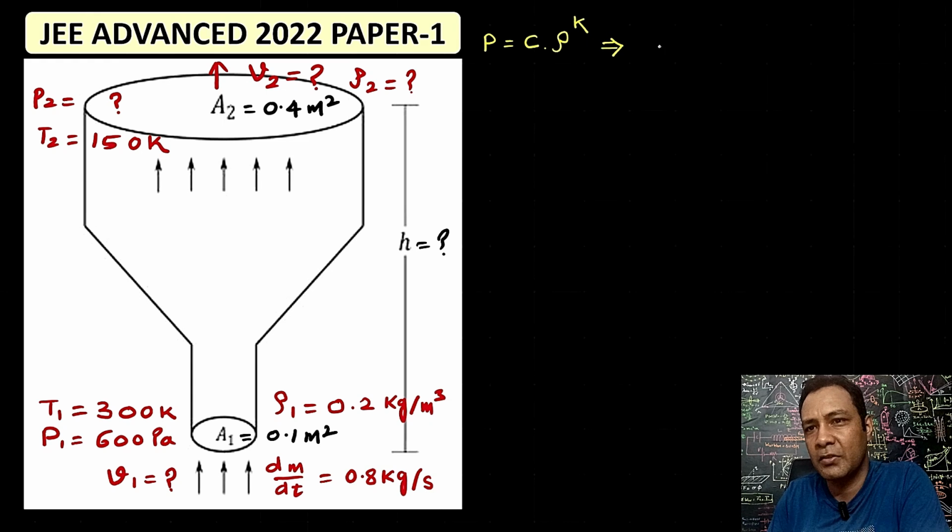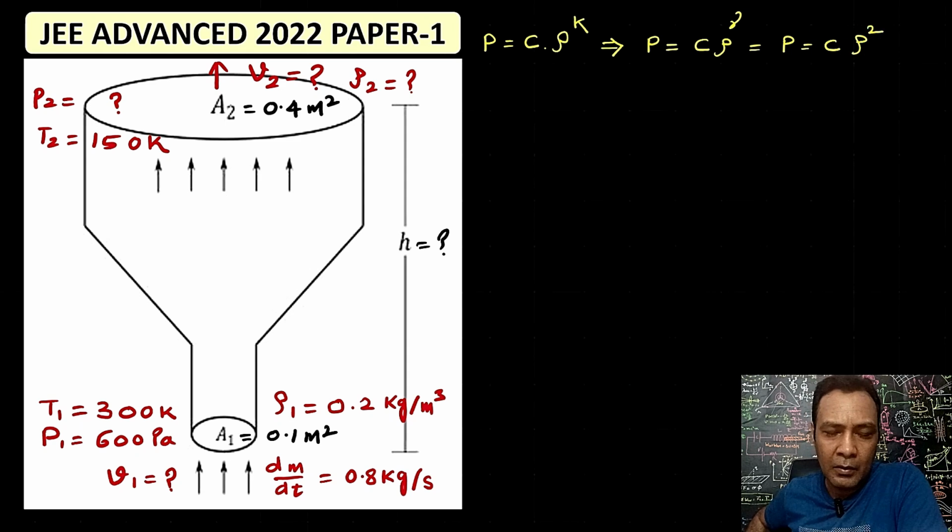So for this process, P is equal to C rho power gamma, and gamma was given to be 2, so that will be P is equal to C rho power 2.